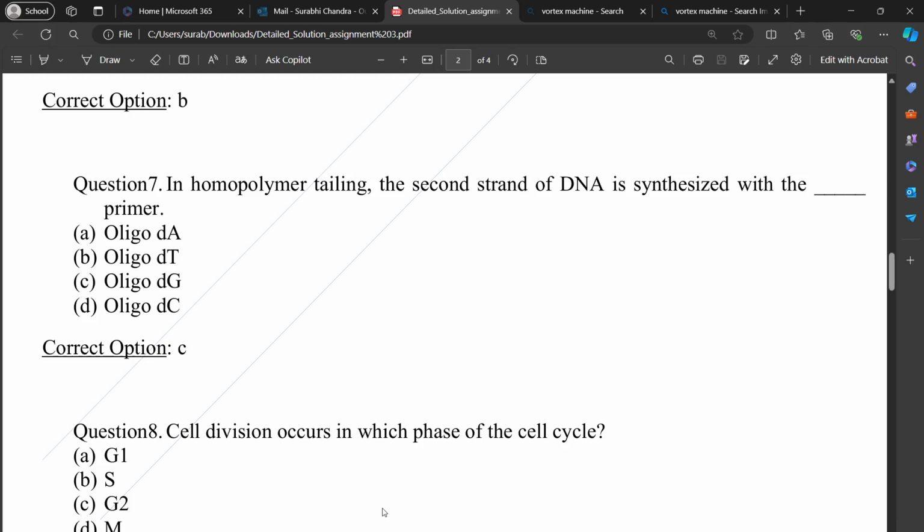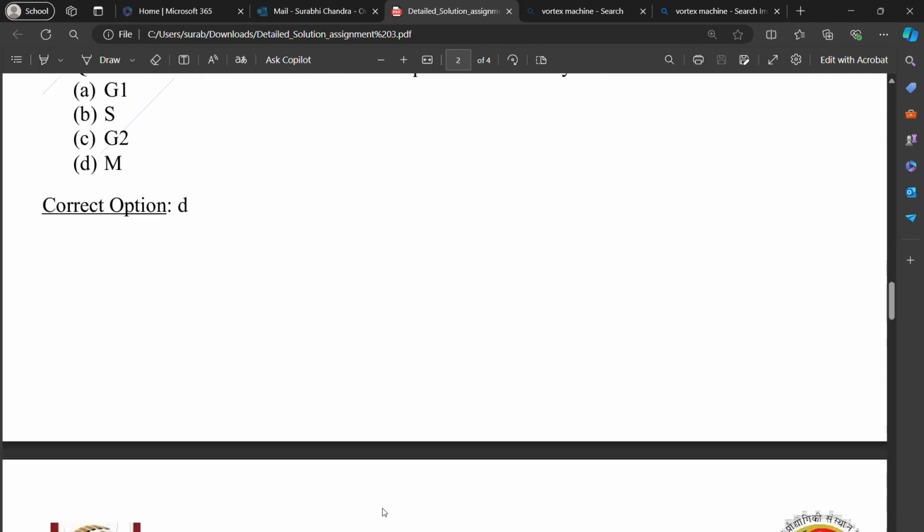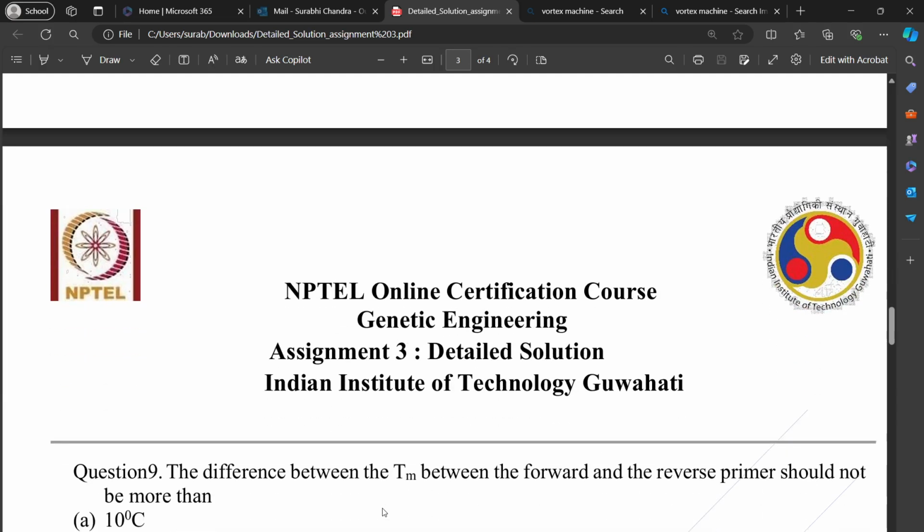And when does DNA synthesis or DNA replication occur? Yes, good. So cell division occurs in M phase or mitotic phase. So this is again a thing to be remembered. It was there in the lecture.